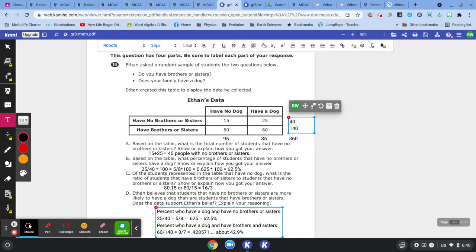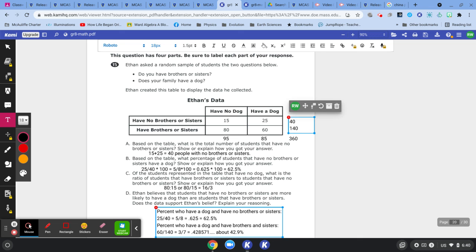So he's saying that the students who have no brothers and sisters are more likely to have a dog. Well, 62.5% of those do, and 42.9% of the group who have brothers and sisters have a dog in his survey. His survey is random, so it is a reasonably valid survey. When you learn more statistics, you'll learn more tools for figuring out whether this is a significant study.